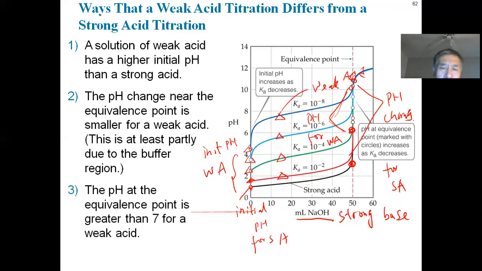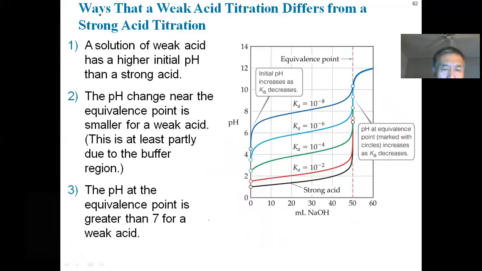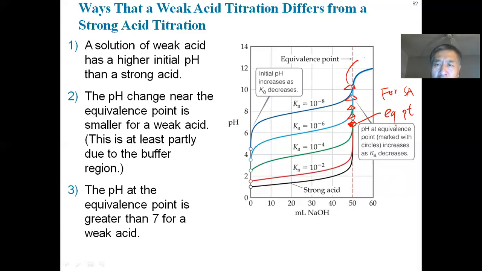The last point is, let me erase all those. The pH at the equivalence point is greater than 7 for the weak acid. This is the equivalence point for the SA, strong acid, and obviously all the other points are the equivalence points for the WA, weak acid.